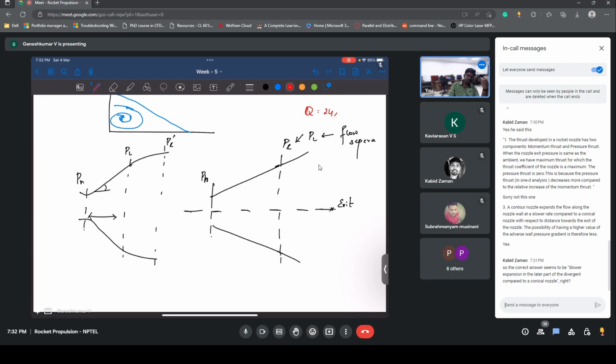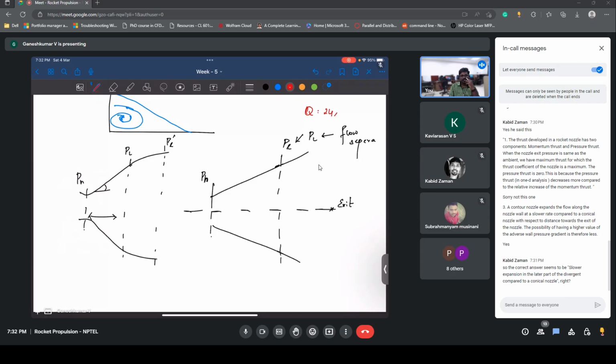From the exit, if you see, the pressure is going to increase gradually initially, and then it's going to reach a higher pressure at the throat. And if you go from the throat, it's going to be higher expansion near the convergent part and lower expansion near the divergent part. So it should be basically slower expansion at the later part of the divergent.